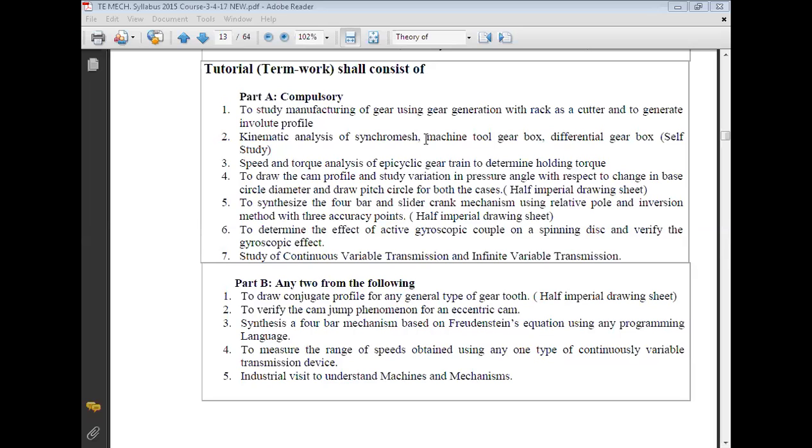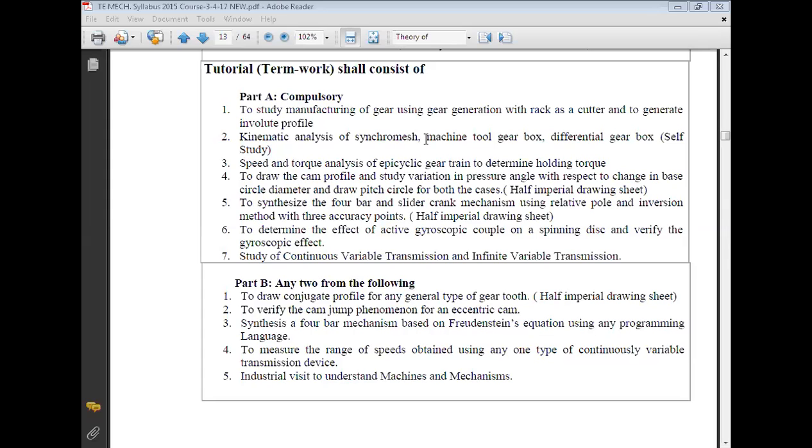So by using an apparatus, we are going to generate different teeth on the gear blank basically. So this is what we are going to do in the first unit.